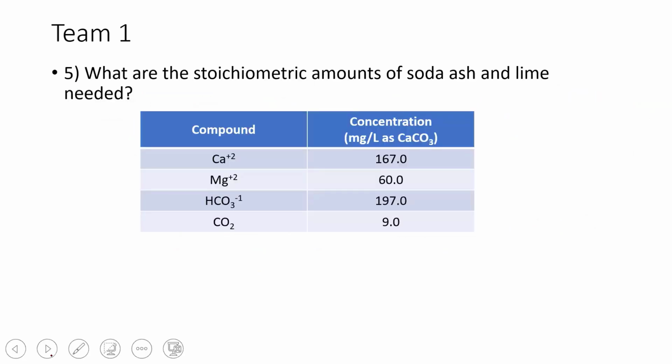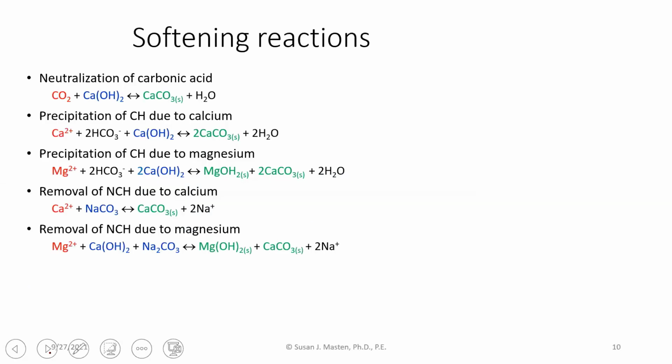In the interest of time, we're not going to go back to breakout rooms. The final thing you'd be asked to do is to determine the stoichiometric amounts of soda ash and lime needed. You've got these equations here, written for each of the reactions. We said we had 90 milligrams per liter as calcium carbonate, and that's the CO2 concentration.